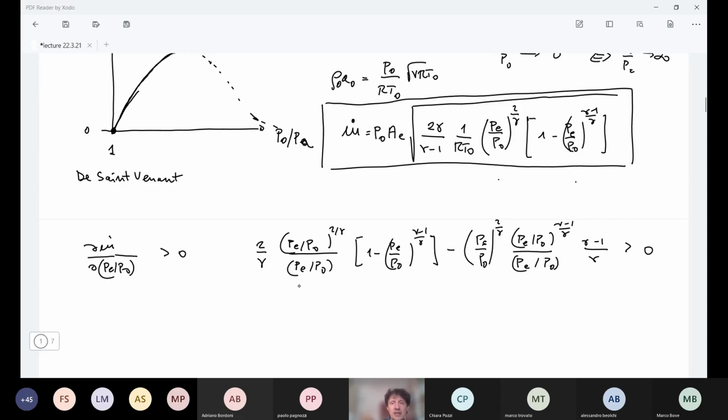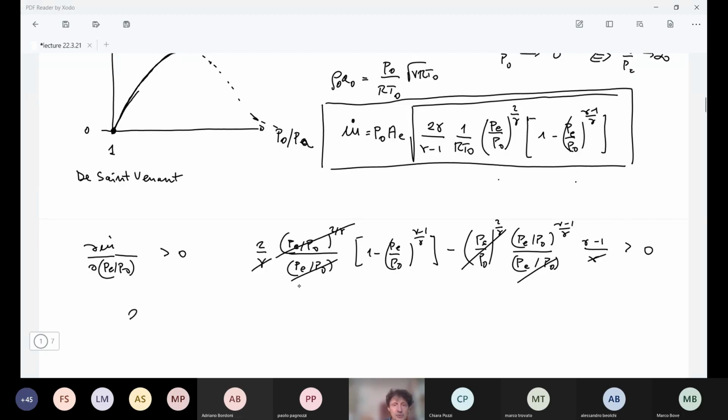Written in this way, I can simplify for sure this and this, also this gamma. And what is left?